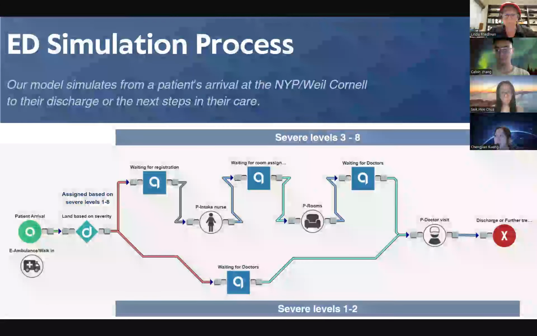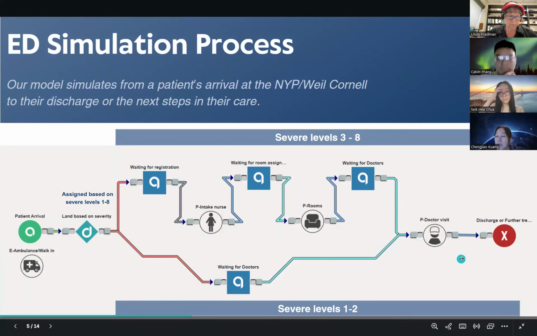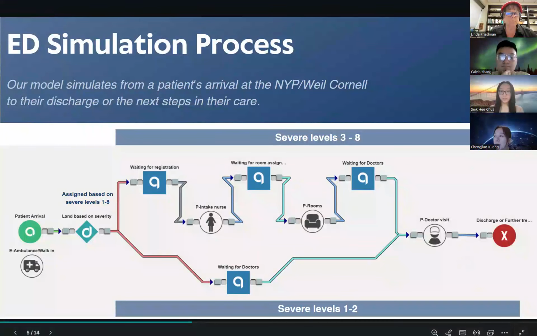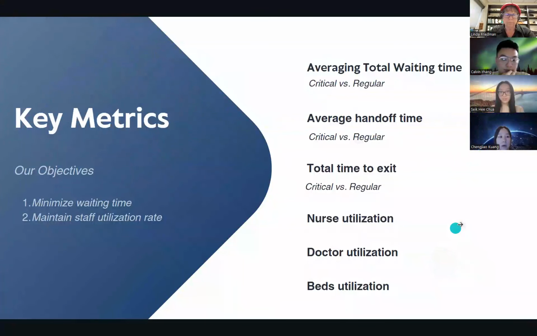Each process has its own queue. Patients must complete them in order and remain in a single line throughout the process. After completing all the processes, patients are assessed to determine whether they can be discharged or require further medical care. The goal for our model is to minimize the waiting time while maintaining the staff utilization rate.